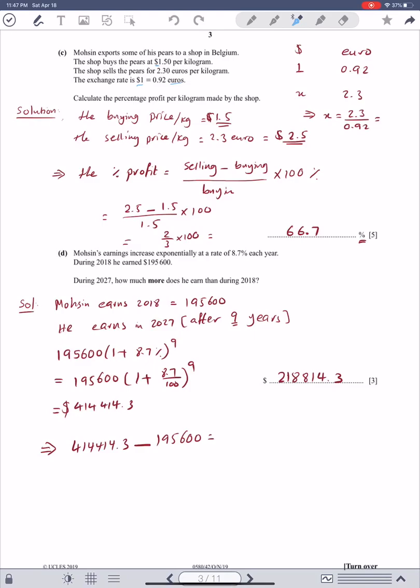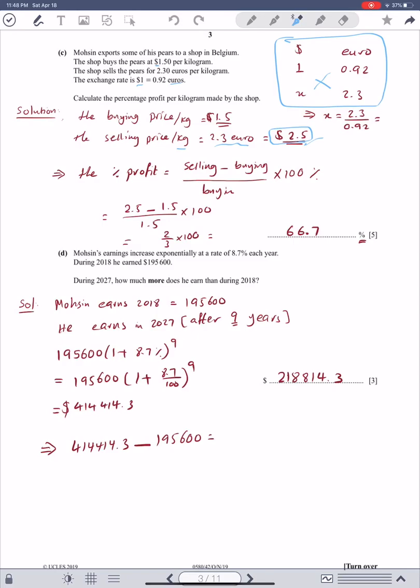So 2.3 euros, how many dollars? 2.5. How do you know? If you don't know whether to divide or multiply directly, do this step, dear students. Do this step in detail. Put dollars, euros, each dollar 0.92. 2.3, how many dollars? Cross multiply. So X will be dividing 2.3 by 0.92. So the selling price in dollars is $2.5 per kilogram.